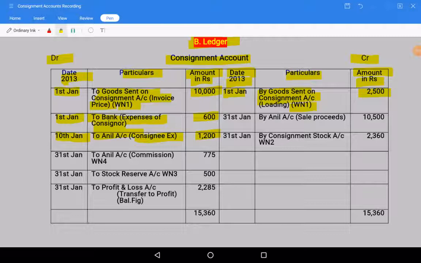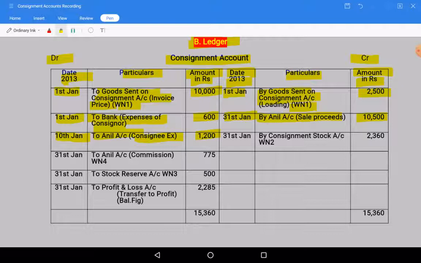On 31st January, Anil has sold the goods at 10,500. The general entry will be Anil account debit to consignment account. So by Anil, credit side, 10,500. On this, Anil is entitled to commission.